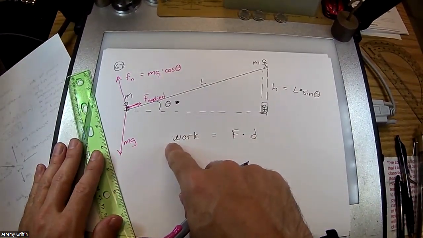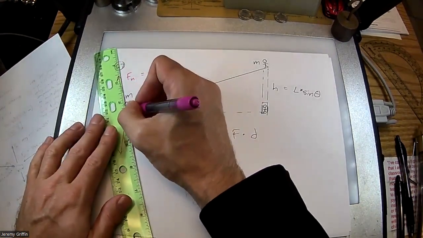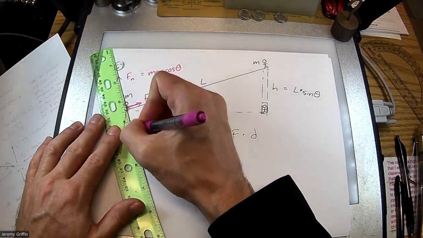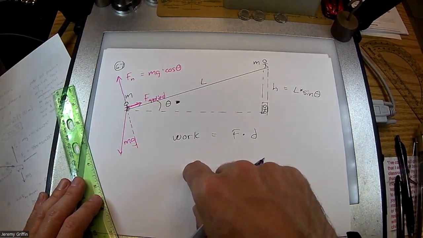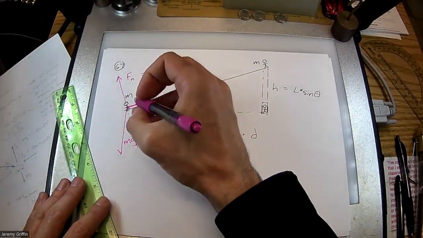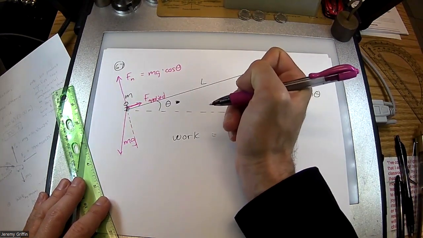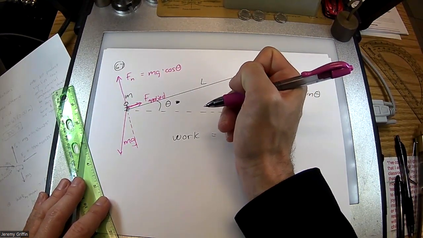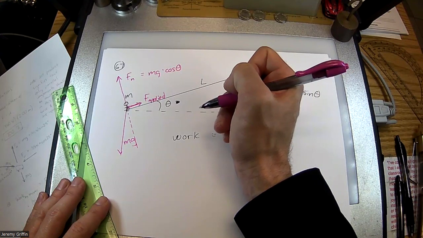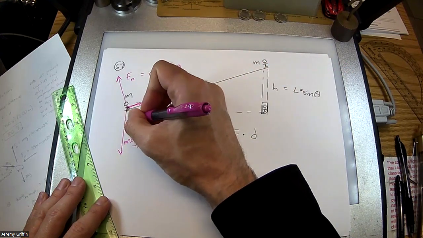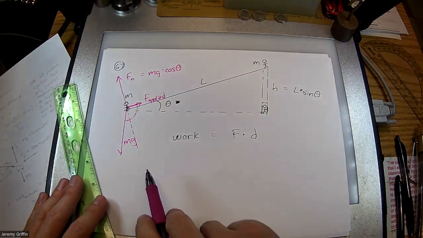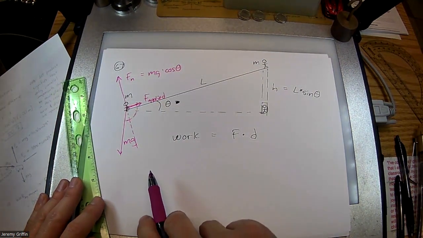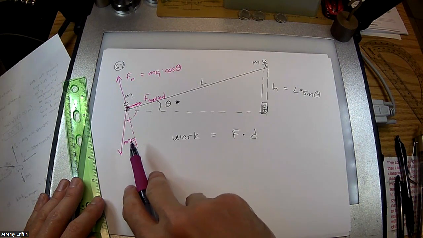The angle between the weight and the distance moved, the weight and the length, is actually this full angle right here.